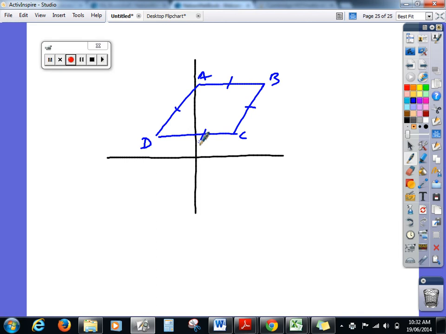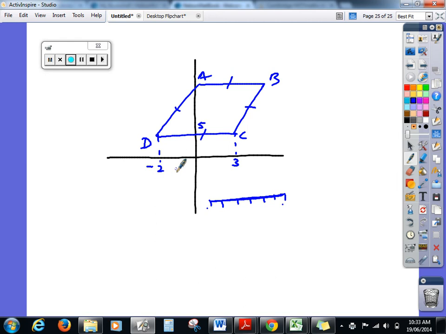If a line runs horizontally, you don't apply the distance formula, you can just simply count the number of units between the actual points. So if DC is a horizontal line, and this was here at -2, and this one here was at 3, then you know that the distance here would be 5. So if they are horizontal lines, you just subtract the x values.